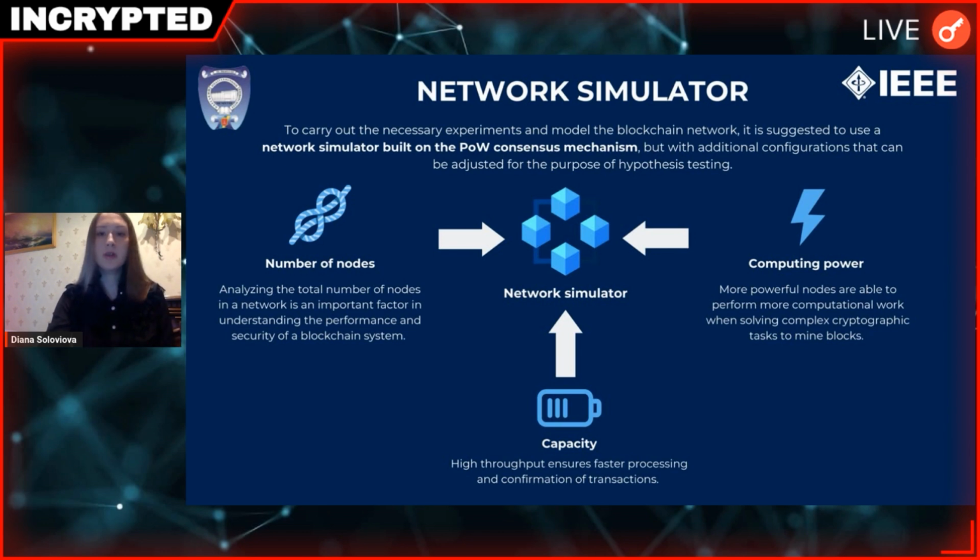More powerful nodes are able to perform more difficult work, such as solving complex cryptographic tasks to mine blocks. And the high computing power of the network makes 51% attacks more difficult, which makes the system more secure. And of course, we have to consider the capacity of the system.